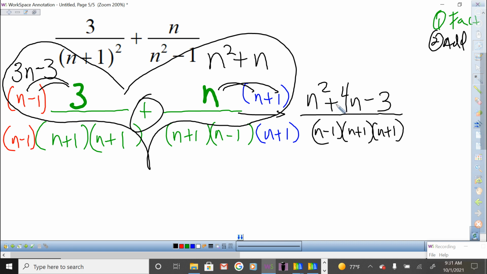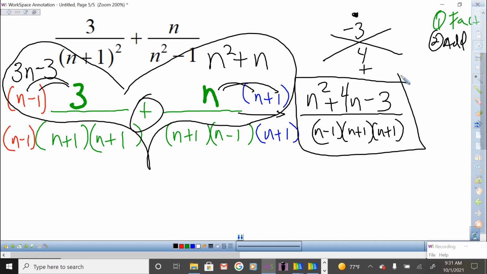All right, what do we do next, people? Factor, negative 3 and 4. What two numbers multiply give me negative 3 that when you add them give us positive 4? So if there is none, what can we conclude? We are done. Let's go.